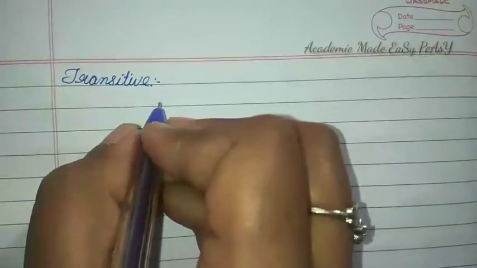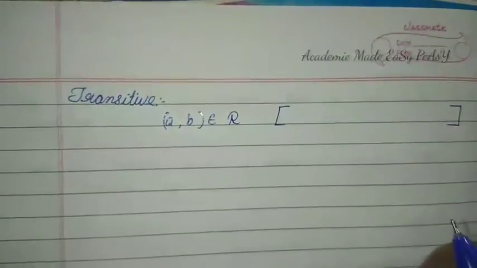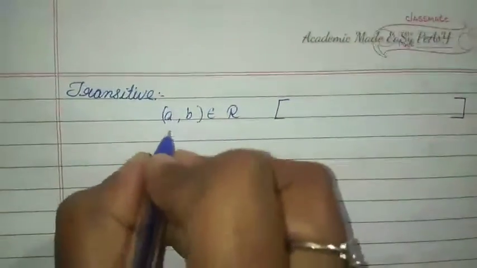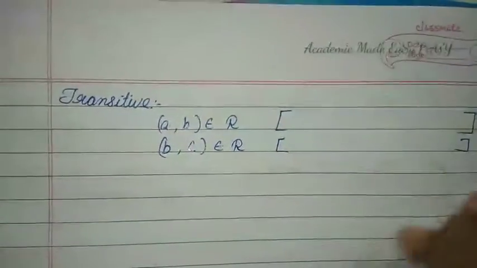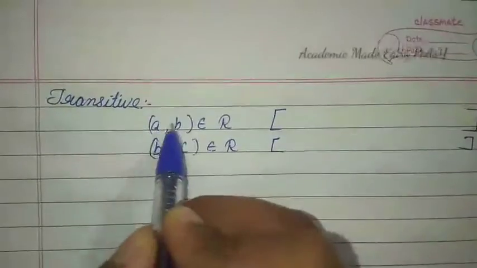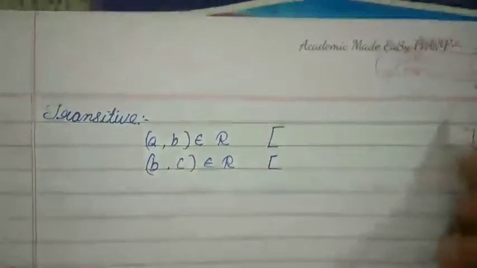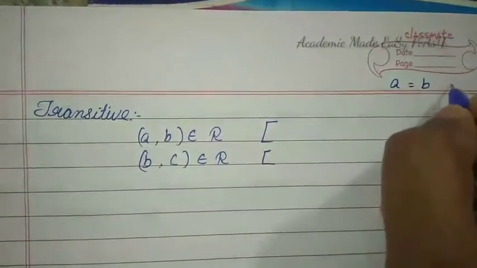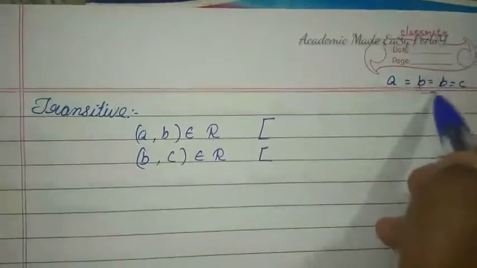Transitive. So here also the first two conditions should get satisfied, isn't it? So I am taking (A, B) belongs to R, and the same reason that I gave for symmetric I'm writing. Then after that I'm saying (B, C) also belongs to R with the same reason. Book B and book C contain the same number of pages. These two have the same number of pages, even these two have the same number of pages. It means A equals B and B equals C. Then everything is equal.